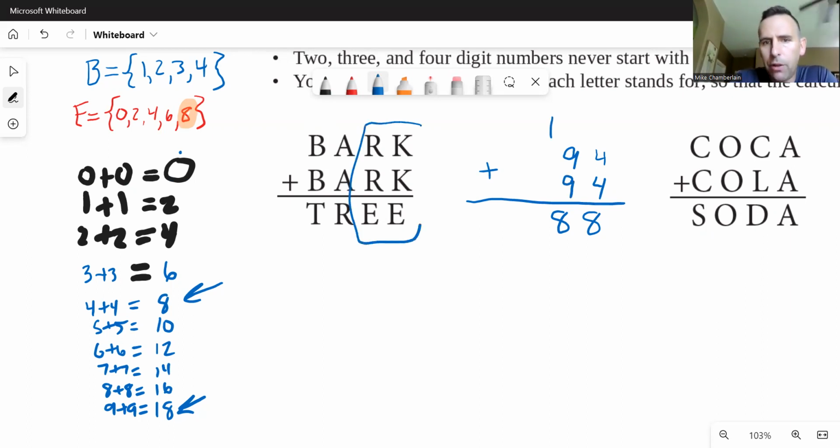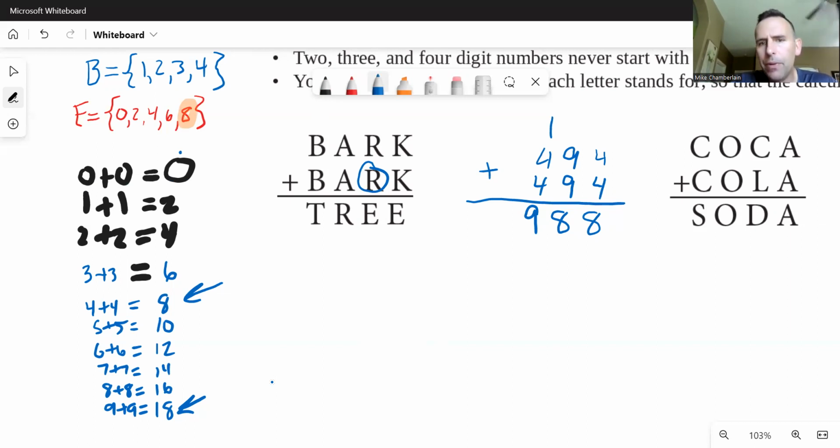I've kind of worked this part of the puzzle already. Now, once you get R, notice there's an R here as well, so that R must match. So if this is 9, then down here must also be a 9. How can I get a 9 there? Well, remember, I've carried a 1, right? So this 1 is going to add with 2 other digits to make 9. The most obvious thing is 4 plus 4: 1 plus 4 plus 4 is 9.